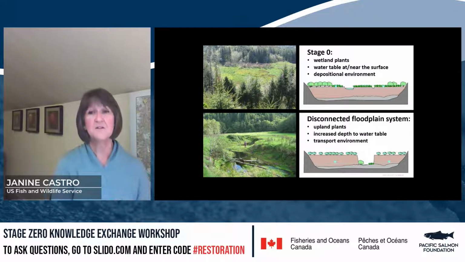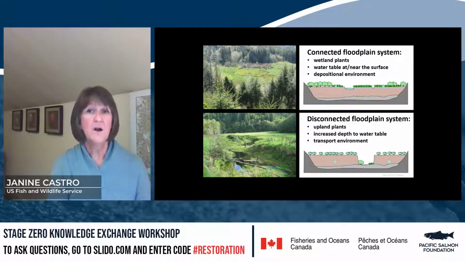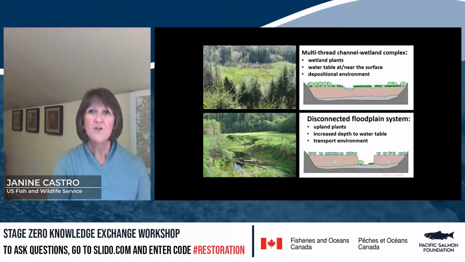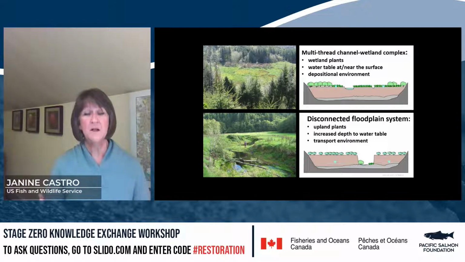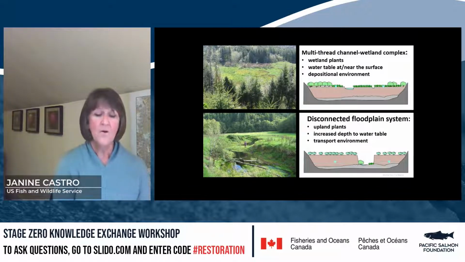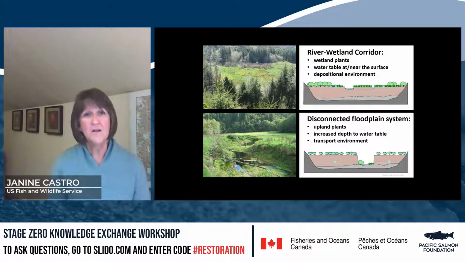You can call that stage zero, or you could call it just a connected floodplain system. And I think that's where we started off this morning. You could also call it a multi-thread channel wetland complex. And this is what Damien and Jared, who you'll hear from today, referred to it as in their paper, which I think really captures the characteristics that we've been talking about. Or you call it a river wetland corridor.